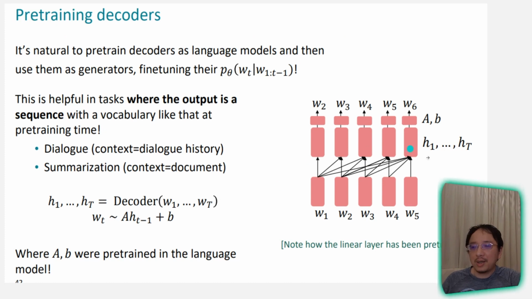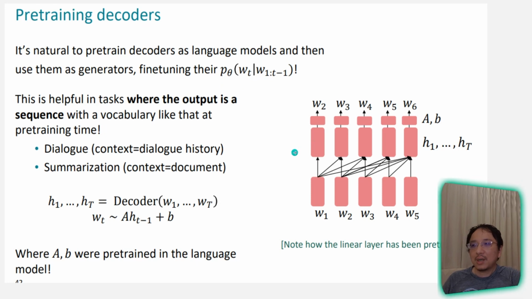To pre-train a decoder, we treat it like a language model and train it in an autoregressive way. When we say a language model, we mean we train it using this formula in an autoregressive way: given the first t-1 tokens, we ask the model to predict the next one.